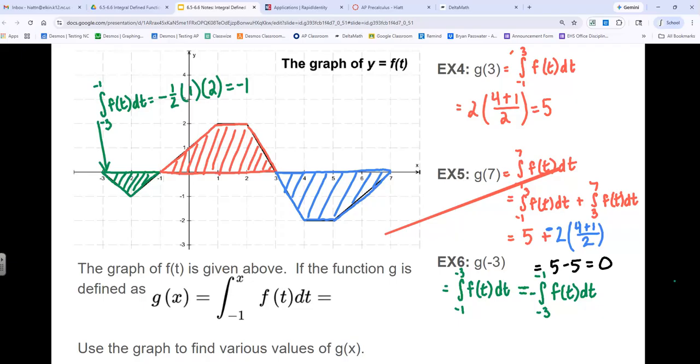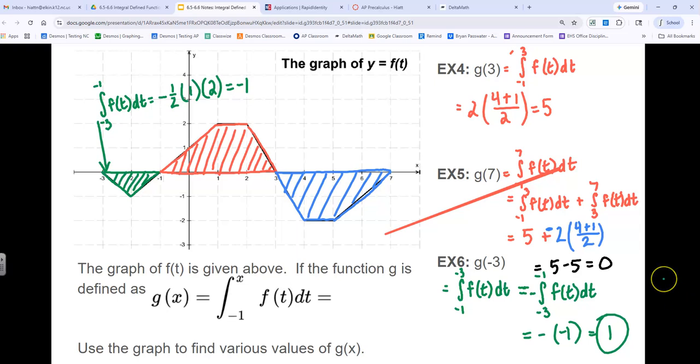Right, so it's going to make it negative there. And so the integral from -3 to -1 of f of t dt is -1, but where I flip the limits, I'm going to get +1 as the answer. That messes kids up a lot because it's just so easy to overlook that, to not pay attention to the fact that those limits are showing up backwards.